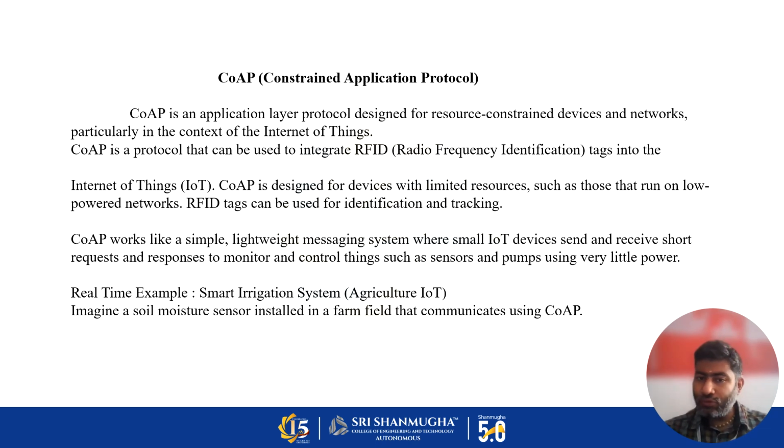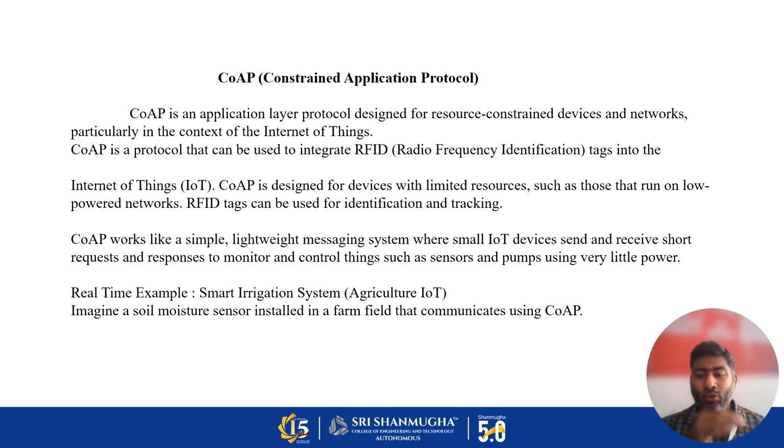So now how do you use CoAP? Initially you will request for a moisture value. If you want your moisture value, you will prompt a request. The sensor will send you that your moisture value currently is 60%.